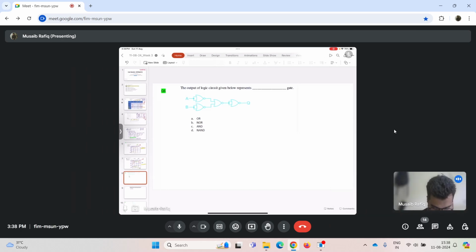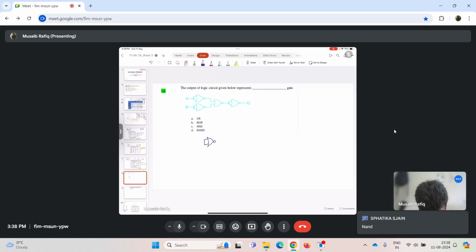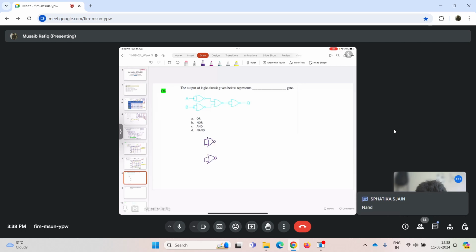So now let me just show you the solution. So let's just draw the circuit below, and let's go step by step. So what is this gate? This is a NOR gate right here, a two input NOR gate.